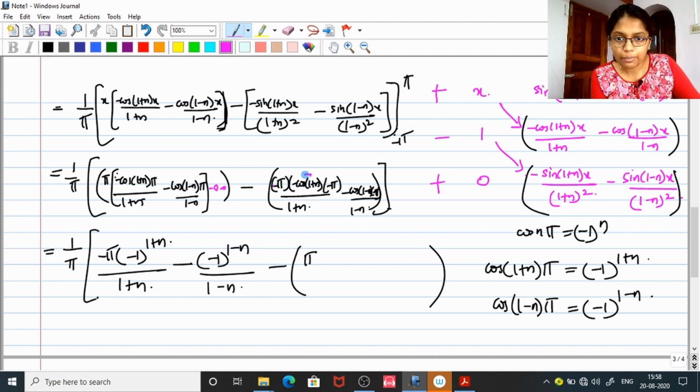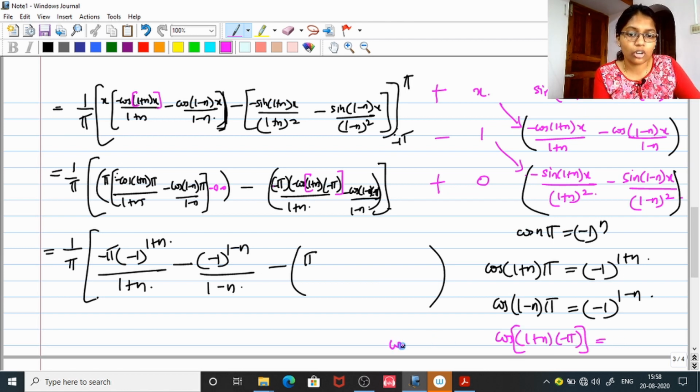Okay, 1 plus n and negative pi is in one bracket, because you can see that 1 plus n and x are coming together, isn't it? So 1 plus n into negative pi. So it is cos 1 plus n into negative pi. As I have said, cos of negative x is cos x itself, isn't it? Cos of negative x is cos x itself. So cos of negative pi into 1 plus n is simply cos of 1 plus n pi itself.